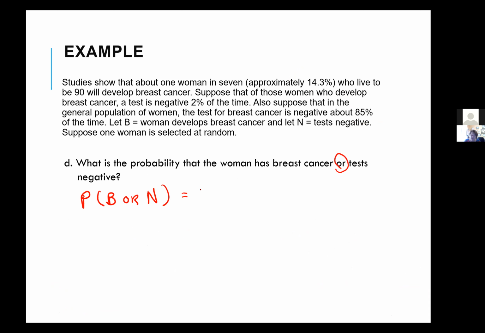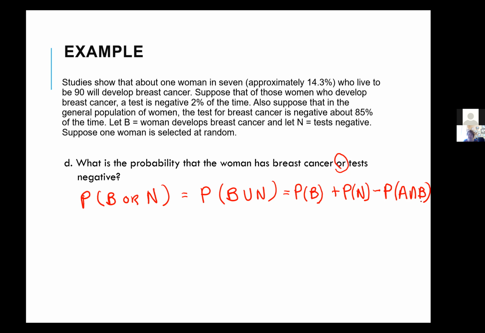We could write this as the probability of B union N. And from our formula earlier, the OR type probability, we add the two probabilities together and we subtract off the intersection. And these are not mutually exclusive events.